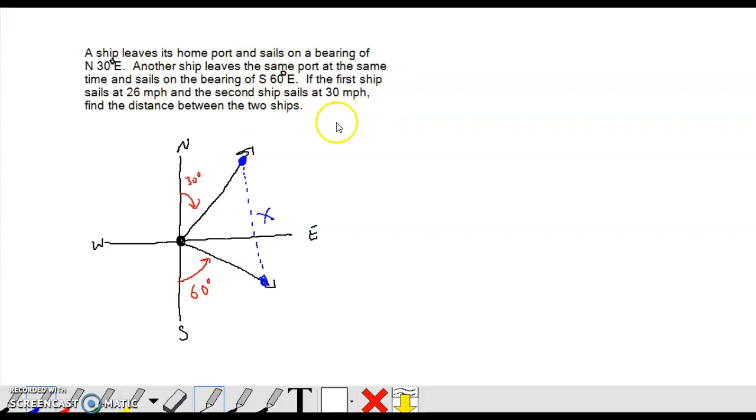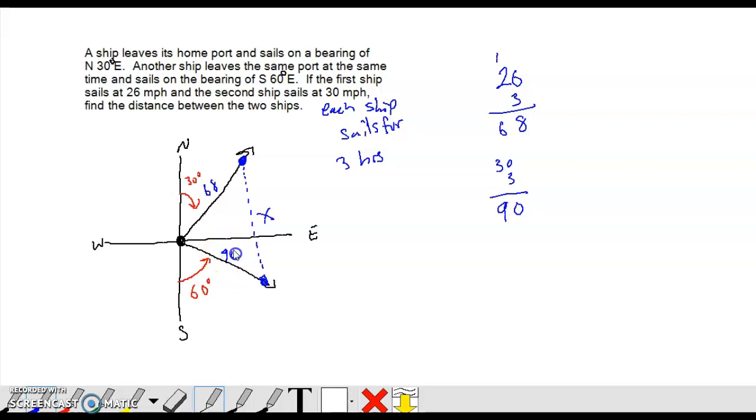Since it's not in here, let's just say each ship sails for 3 hours. So 26 times 3 is 78, and 30 times 3 is 90. So 90 miles in 3 hours.